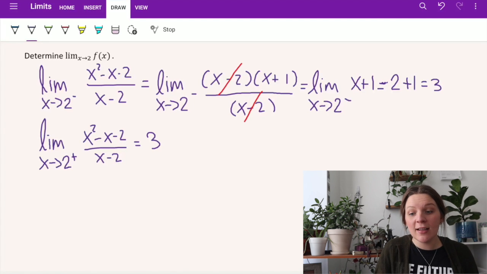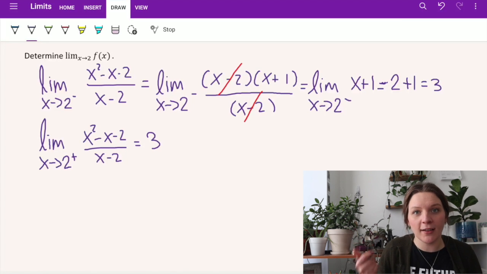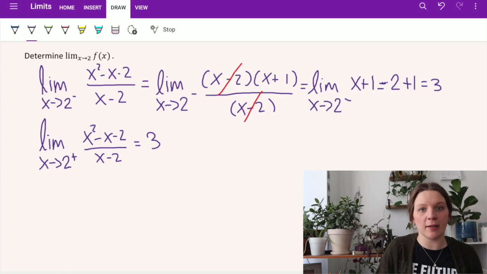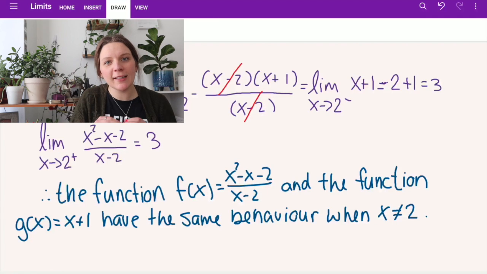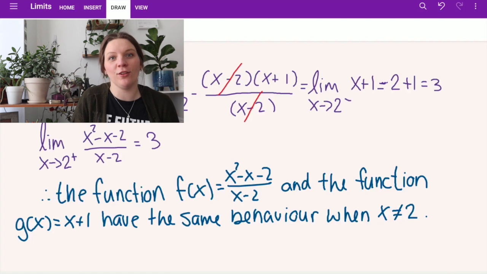The first one is that the function x squared minus x minus 2 all over x minus 2, the function that we're interested in, behaves the same way as the function x plus 1 anywhere that x is not equal to 2. So take a second and think about what that would mean for the graph of these functions. How would they compare? Well, if they're the same everywhere except for x equals 2, then their graphs are actually going to look the same.